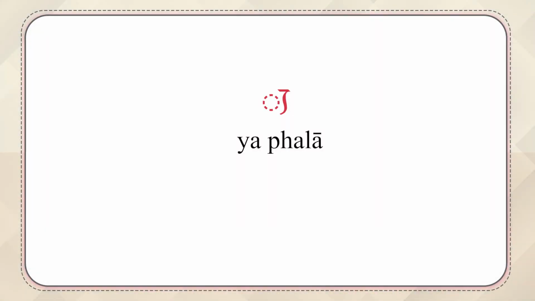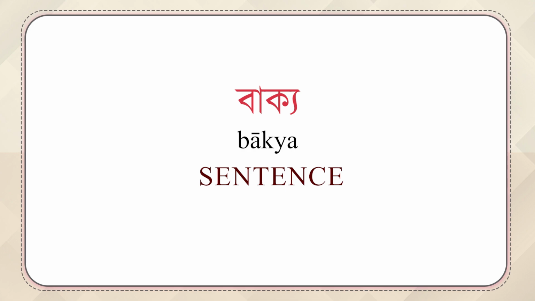This mark modifies the pronunciation of the letter it is attached to. In the case of ja phalā, the consonant it is attached with is pronounced twice. For example, bakko, which means a sentence, is pronounced as bakko.